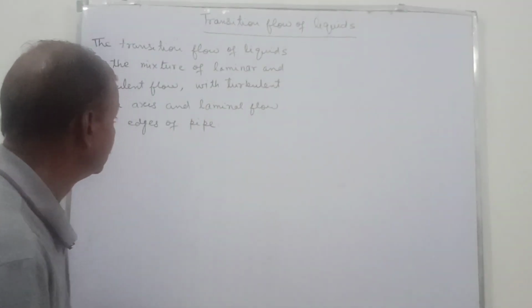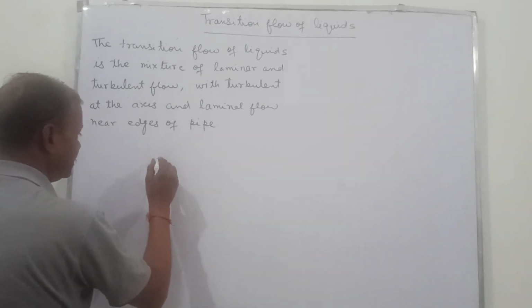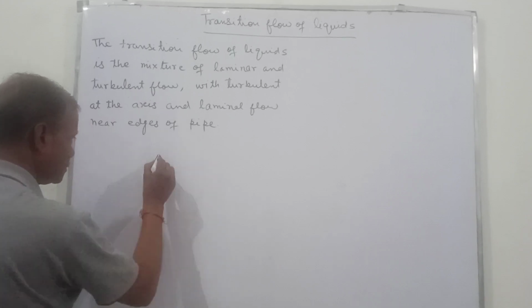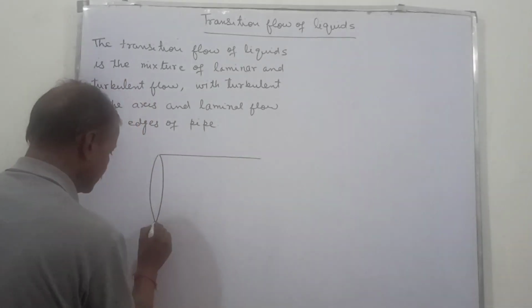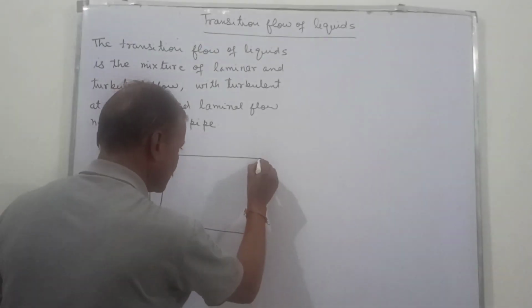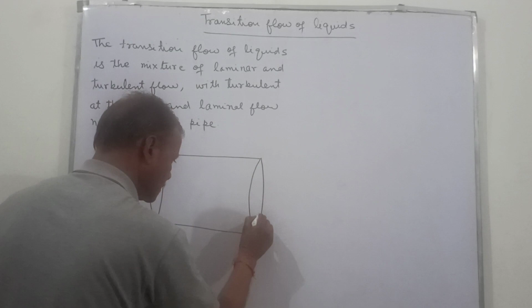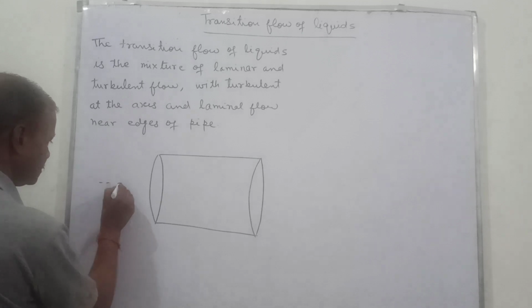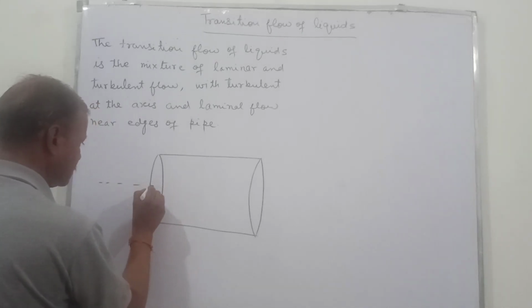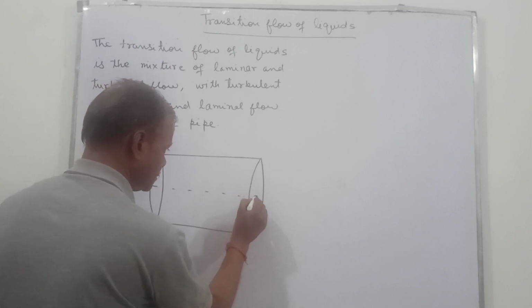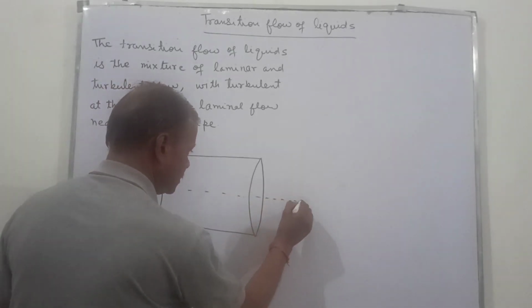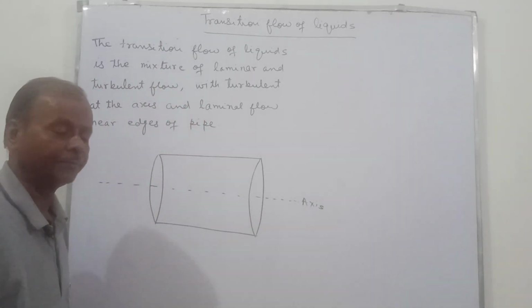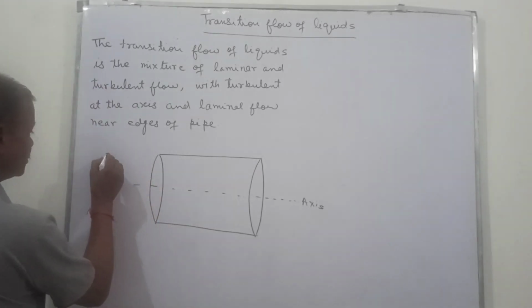So now suppose this is the pipe. This is the axis. Axis is always at the center of the pipe. This is the flow of the liquid.